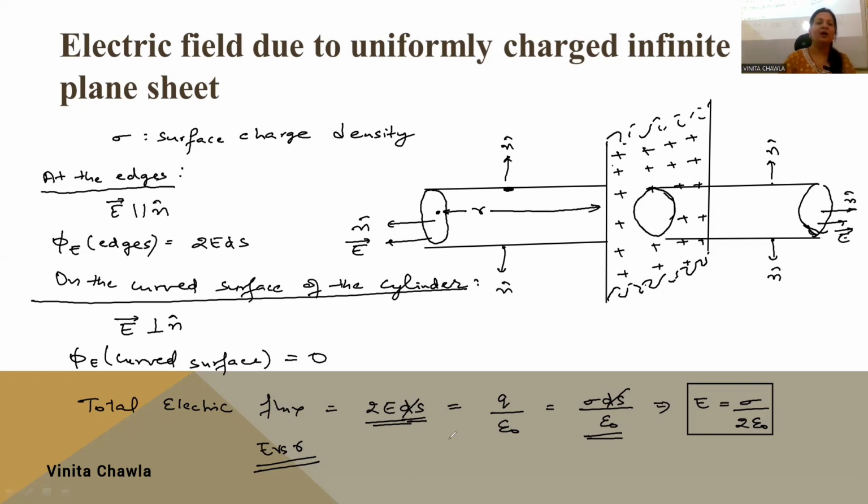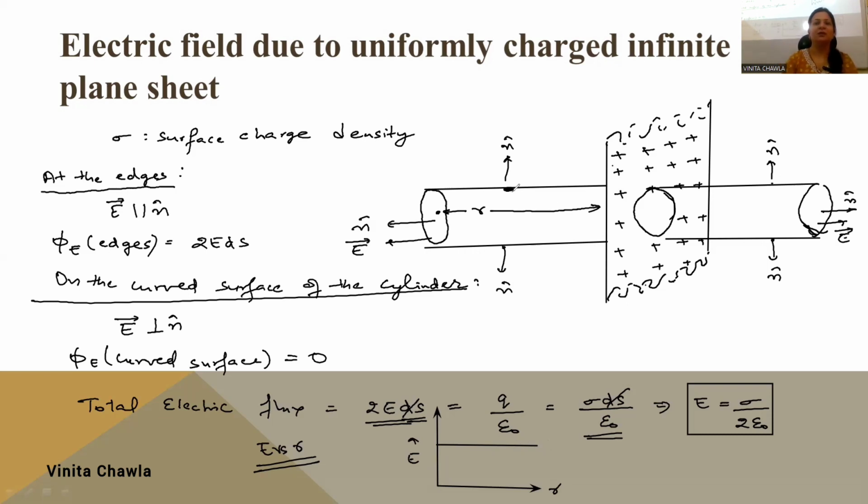If we want to draw a graph, then how will we draw it? E is constant for any value of R. E is on the y-axis. It seems constant here, and you can see this line is parallel. So E is constant. For any value of R, we'll have the same value of electric field intensity.